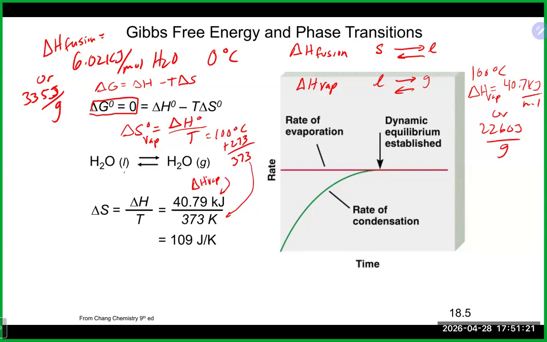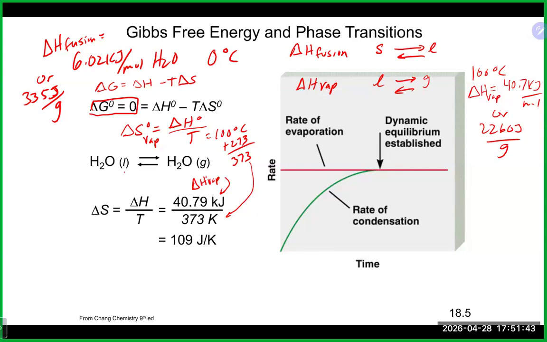By the way, if you are not dealing with water, you will have different heats of vaporization, different values for the heat of fusion, and you will have different melting points and boiling points for different substances. So if you come across a problem that's not water, you don't want to use these numbers here for water because they're specific for water. You would want to find the appropriate numbers for whatever substance you may be looking at.